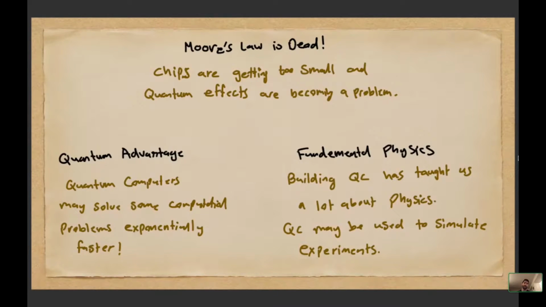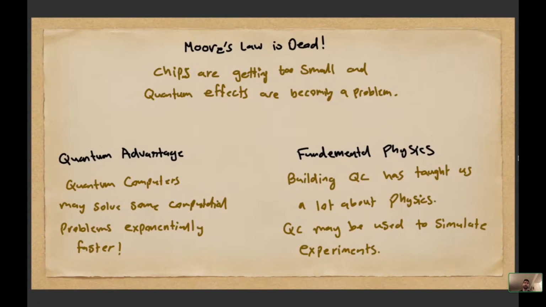Quantum computers may be able to solve some computational problems exponentially faster than any classical computers can, and we'll talk about this later on in the discussion, where quantum computers allow us to run some algorithms that classically you wouldn't be able to. This is a second motivation. And the third one is that trying to build these quantum computers has actually taught us a lot about fundamental physics.